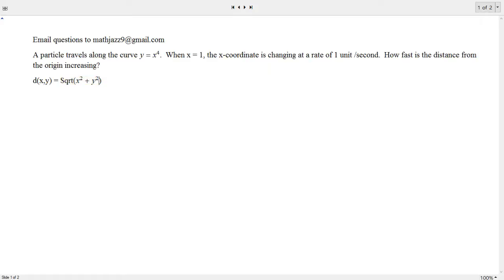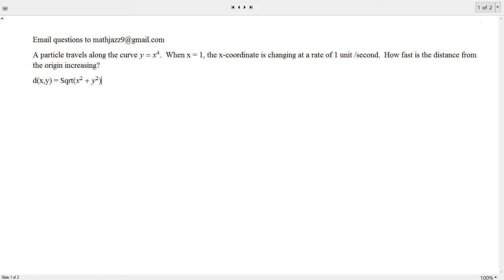So this is the distance from the origin. And so we have to take the derivative of this distance to get the rate at which the distance is changing, which is the goal.